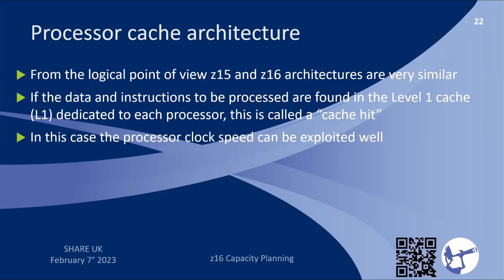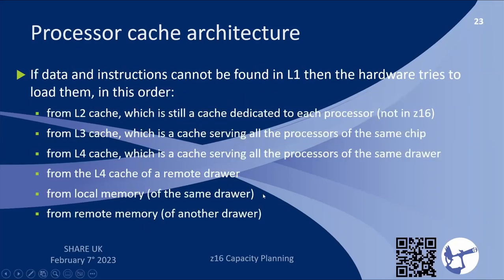What happens is that either you find what you're looking for in the level 1 cache, and that will be a cache hit, and that's the best case, because you will not waste any cycle. And if not, then there is a logic that must be followed in order to find out what you're looking for. So if you do not find what you're looking for, data and instruction, in level 1, you will try in level 2.